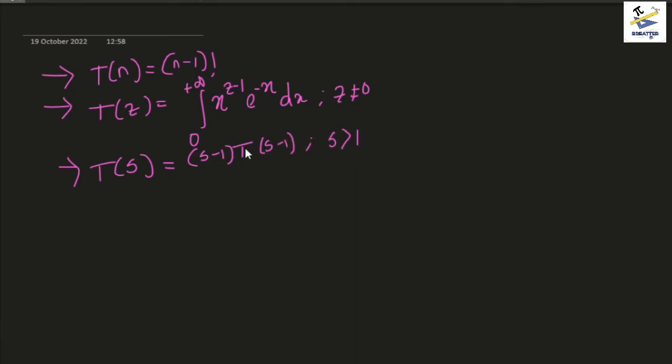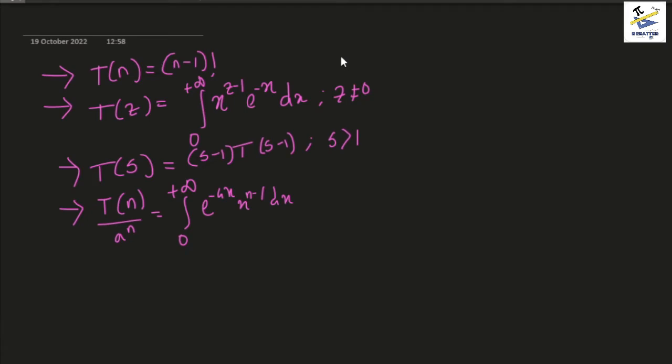So this was also some of the properties we had, and lastly what we saw was gamma of n by a to the power n is just the integral from 0 to positive infinity of e to the power minus ax into x to the power n minus 1 dx.